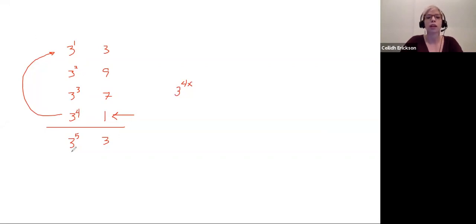If we're repeating, then 6, 7, 8 will be a 1, 9, 10, 11, 12 will be a 1, 13, 14, 15, 16 will be a 1. So anytime it's 3 to a multiple of 4, it'll end in a 1 because we're repeating every 4. So it doesn't matter what the x is as long as we're multiplying 4 times that x. A multiple of 4 will always end in a 1.